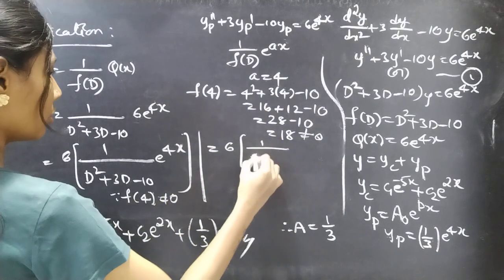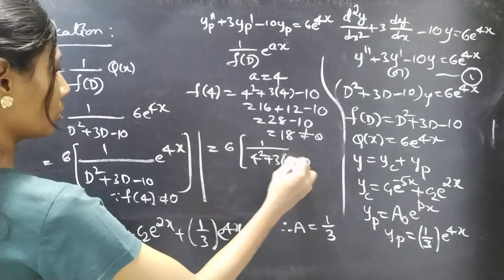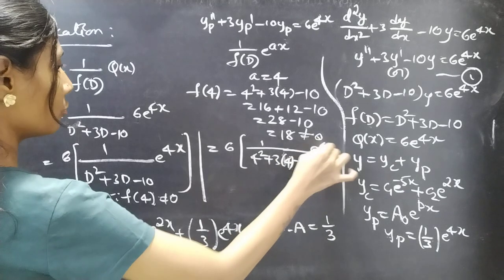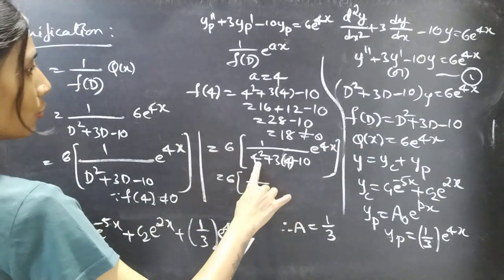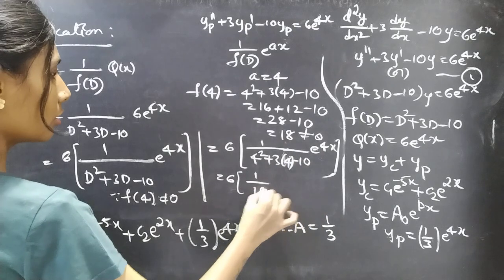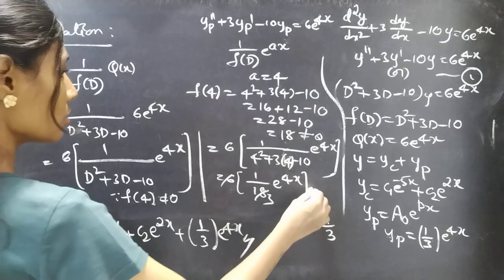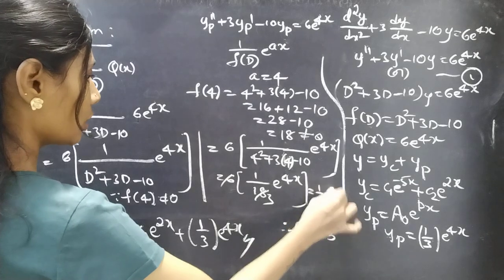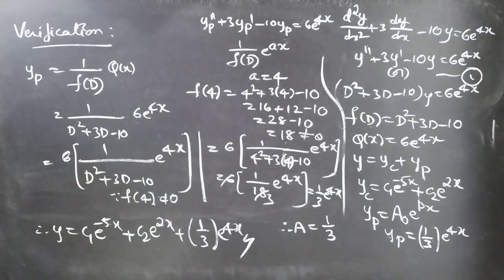You'll get 6 into 1 by 4 square plus 3 into 4 minus 10, into e power 4x, which gives us 6 into 1 by 16 plus 12 minus 10, that is 18, e power 4x. 6 1s are 6, 3s are 18, which gives us 1 by 3 e power 4x, which is our required yp, right? So which shows that our yp is correct. Fine, this completes the problem.